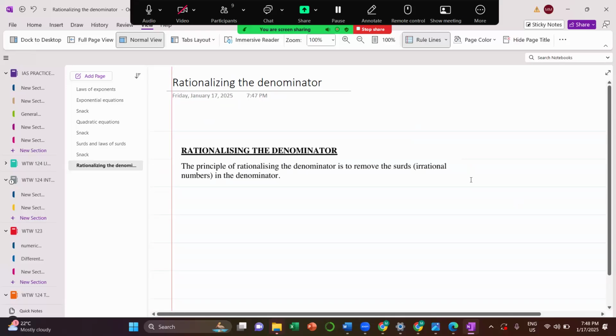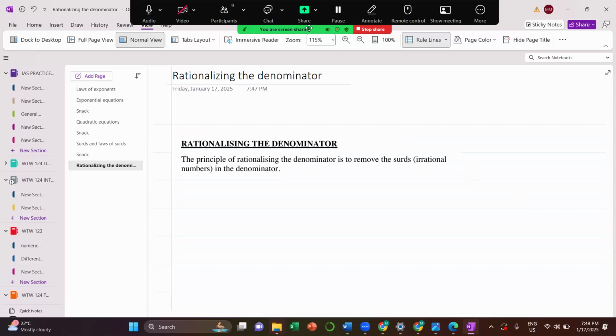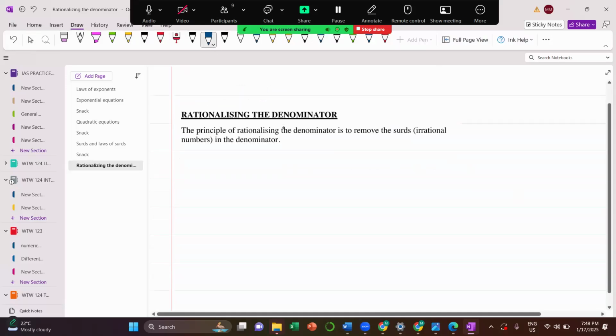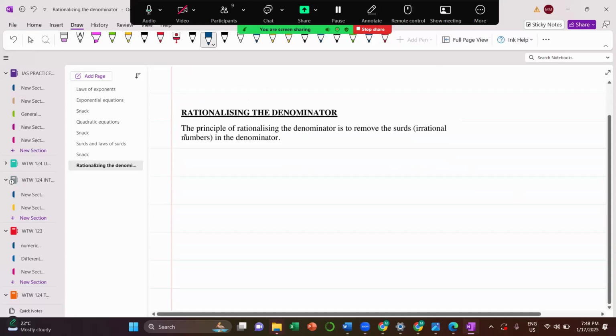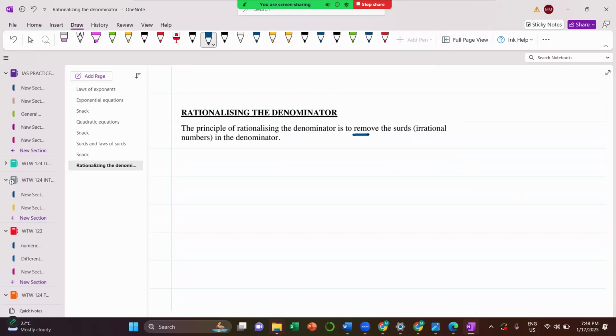So today we are looking at the concept of what? Let me do this. Yeah, so we are rationalizing the what? The denominator. The principle of rationalizing the denominator is to remove the irrational numbers in the denominator.